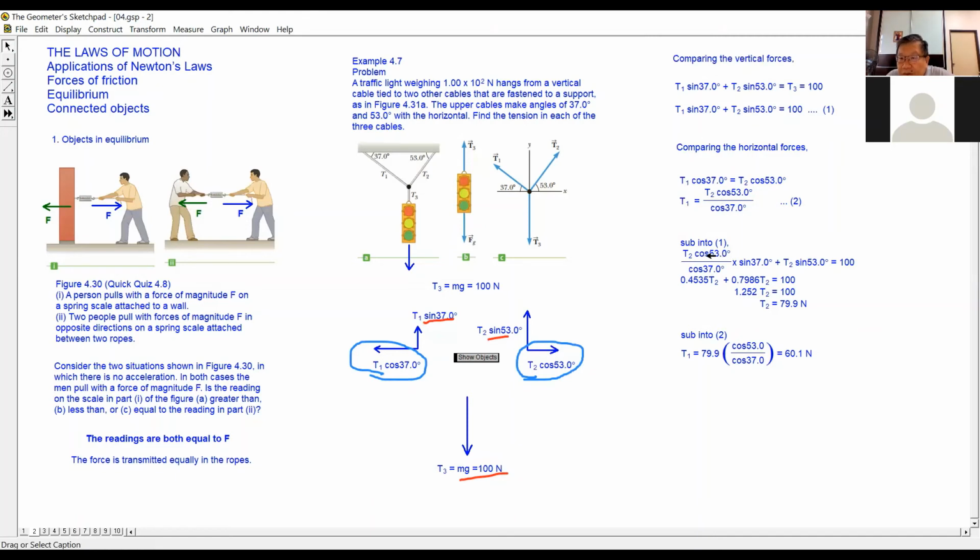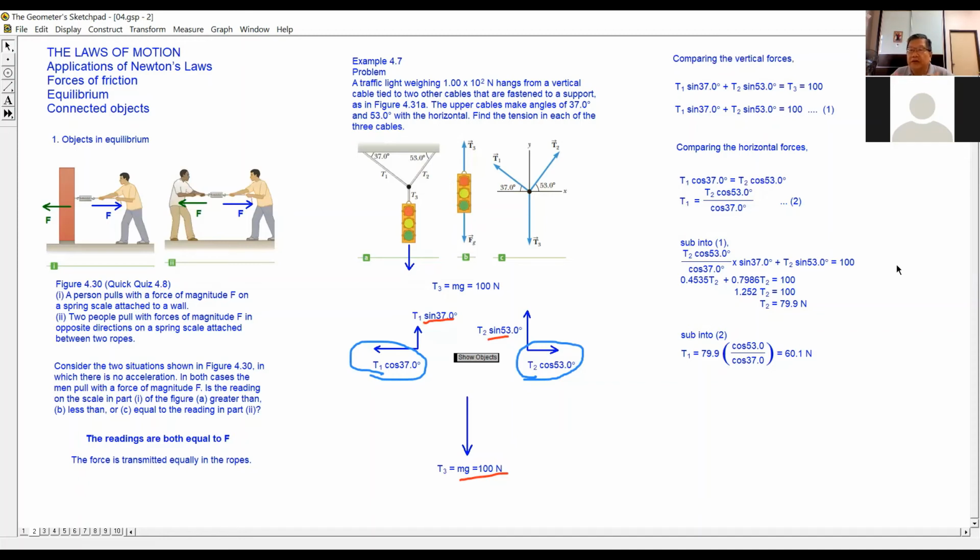So this is T1 sine 37. T1 sine 37 plus T2 sine 53, T2 sine 53 equals 100.